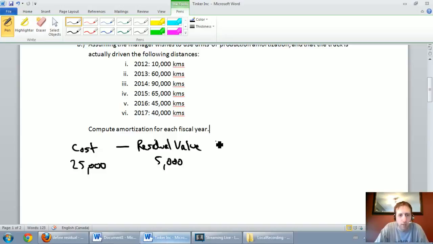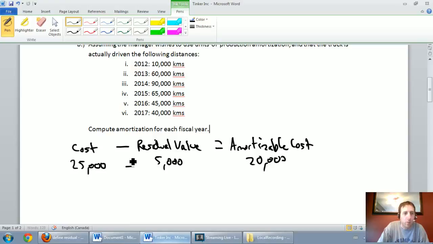Okay, so cost minus residual value is our amortizable cost. And so again, if I have a $25,000 asset, but I expect to have $5,000 left over in trade-in value, I only want to amortize $20,000 from the value of my asset, and that's all I'm going to amortize.